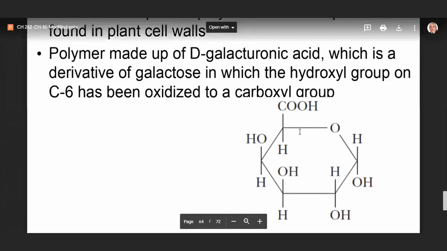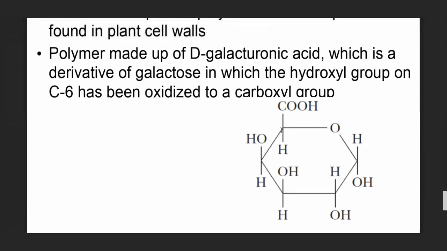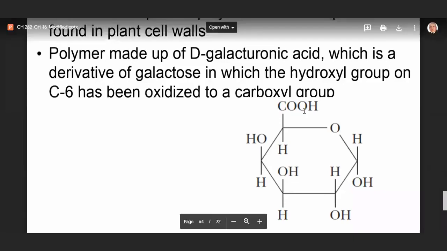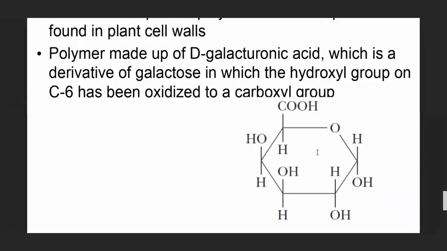This is a derivative of galactose. Galactose has CH2OH at carbon 6. We oxidize this alcohol to get this carboxylic acid. So this is the repeating monomer of pectin.